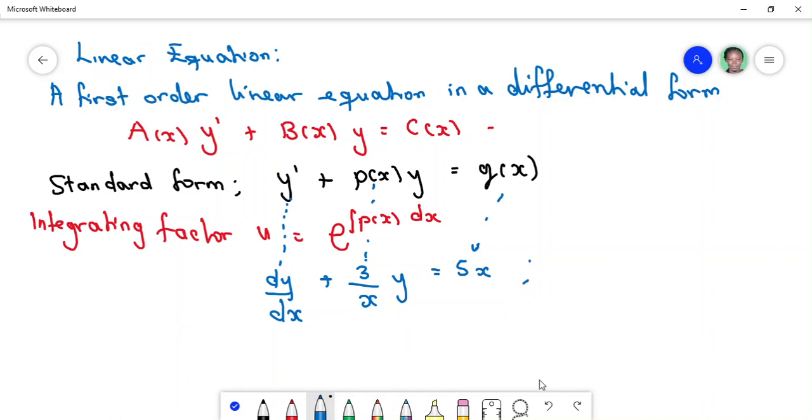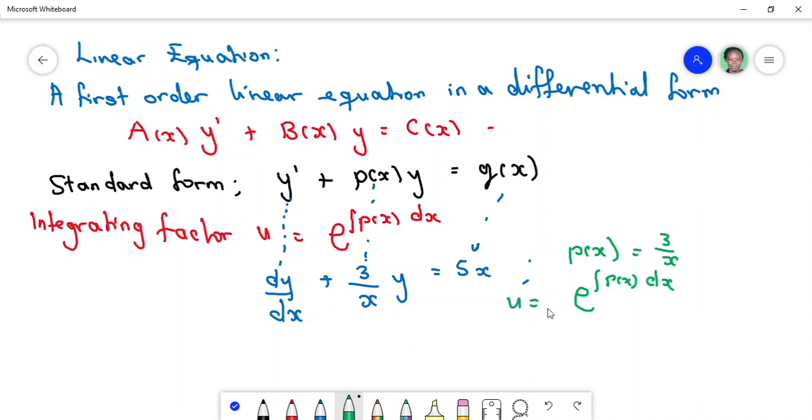From here, you notice that our P of x is equal to 3 over x. So if I want to find the integrating factor, the integrating factor is going to be u equals e exponent integral P of x dx.